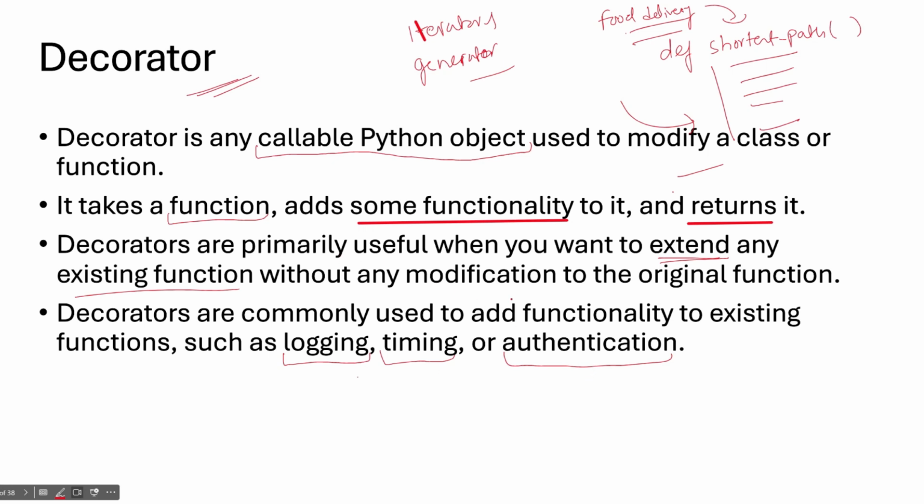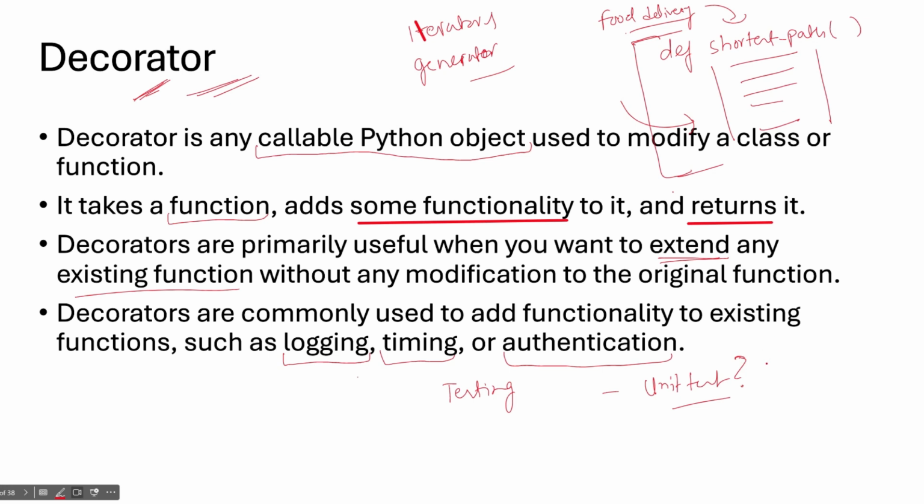So if you have written an existing function and want to extend its functionality, either you change the code, or, if you don't want to change the code, another way is to use a decorator, right? Another main use case of decorators is software testing. There is a module in Python, unittest, which is based on this decorator concept.